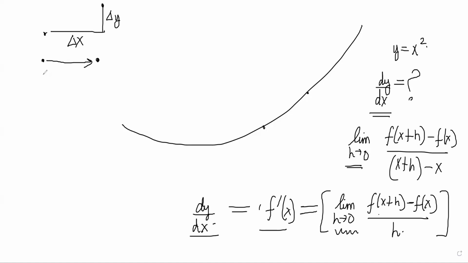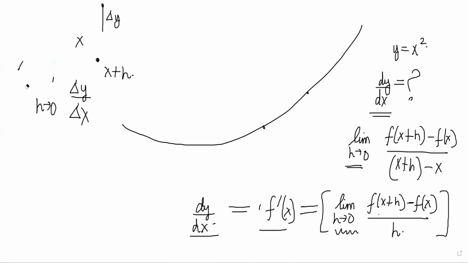If the change in x is big, it is not an instantaneous rate of change, it's an average rate of change, right? So once you get this ratio delta y by delta x, you have to take the limit of h tends to 0, in case your x was changing from x to x plus h. I hope you're understanding. Yes, sir.